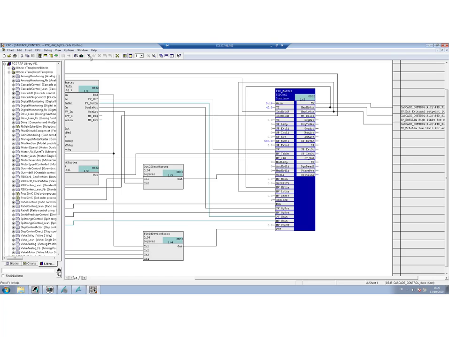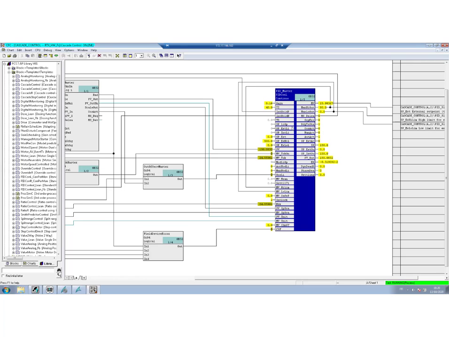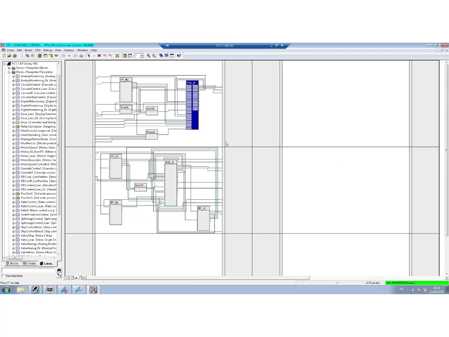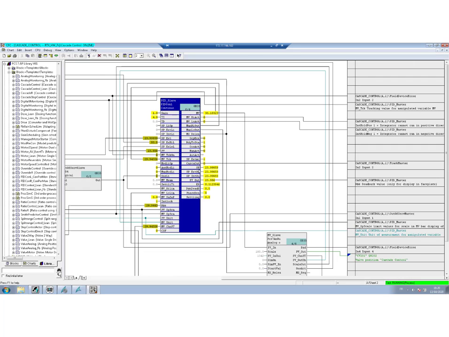So what we can now do is go online and look at the actual online values. You can see that this block, this is the master PID, is not locked for the moment. And if we look at the slave, right, we can see that the cascade is not cut and it's actually in automatic mode with an external set point, as you can see.